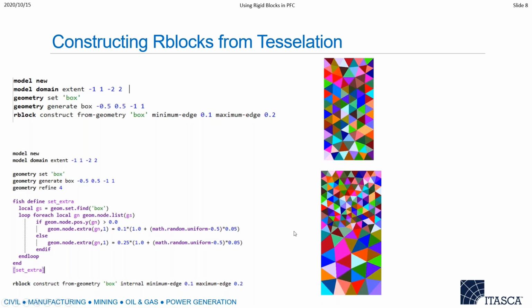And we gave a larger size in this other part of the model here. And now we can again use the RBlock construct command to actually create triangles that have this information about the size ratio that you want in this model.